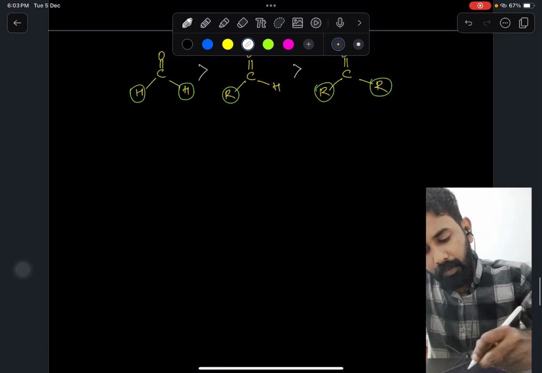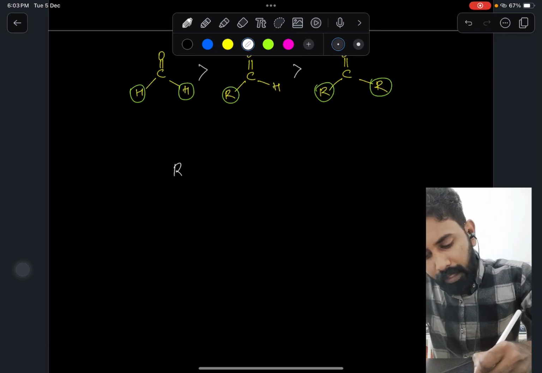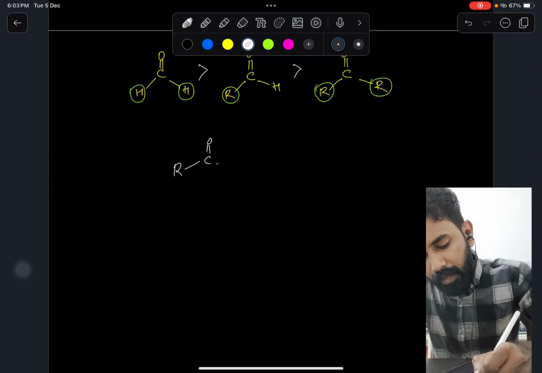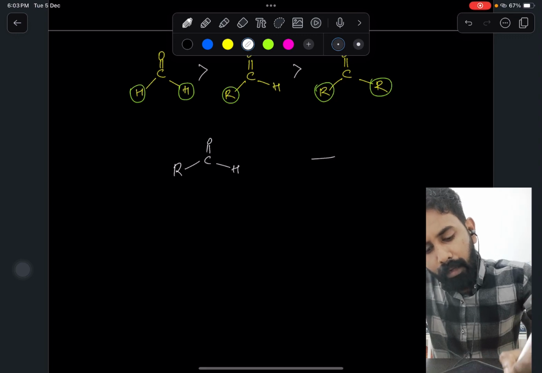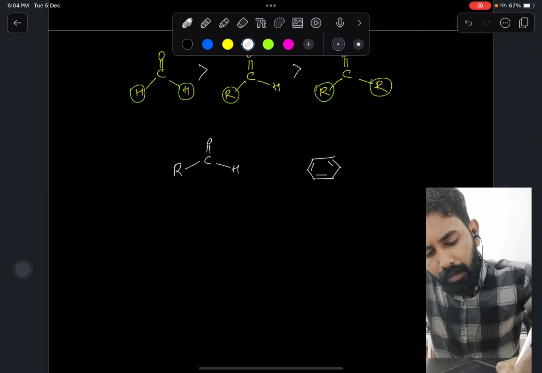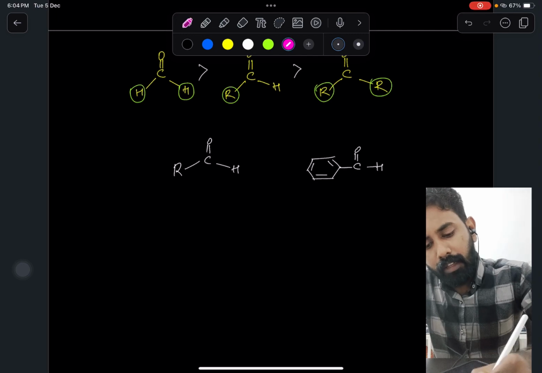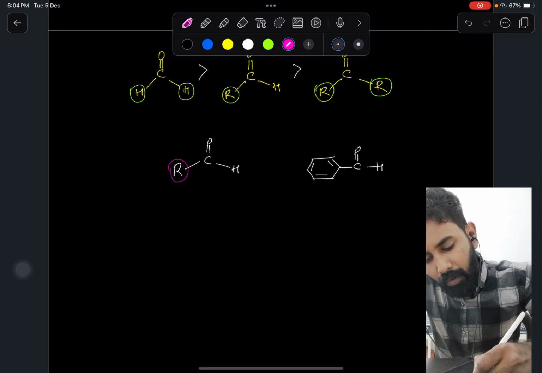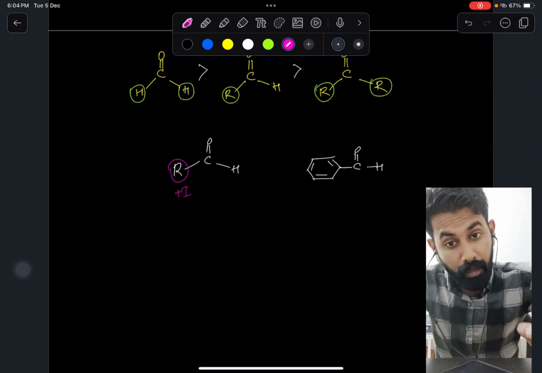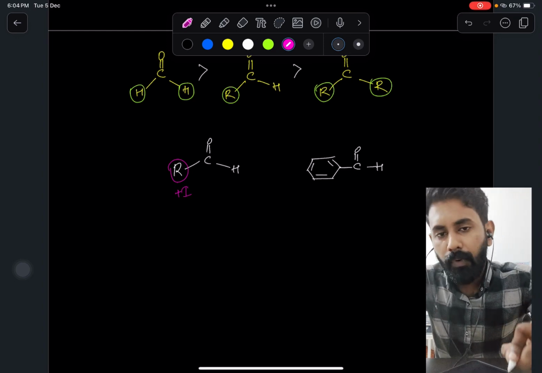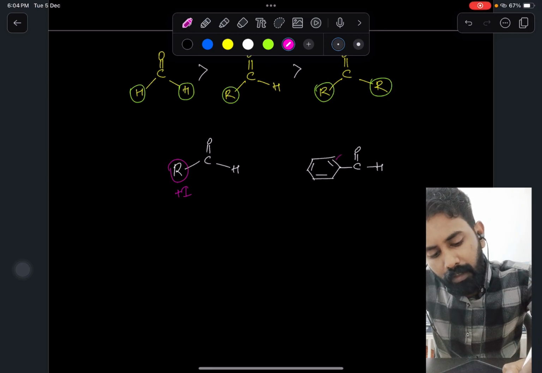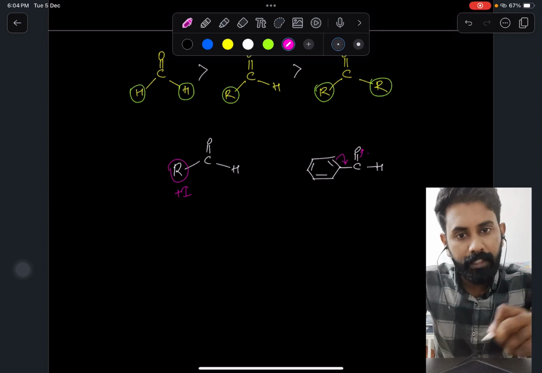Okay, that is it. And in the case of aldehydes, among aliphatic aldehyde and aromatic aldehyde, see, here there is an R group, and the electron releasing effect is due to the inductive effect. But in the case of the aryl group, this benzene will be releasing electrons through the resonance effect.